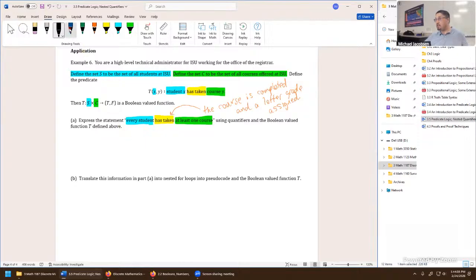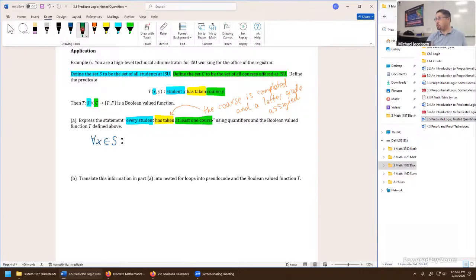So starting this off, when it says every student, that's the universal quantifier. We're saying for every possible student in the set S, compactly, it would be for all, I'll stick with X's and Y's on this one, X in the set S. We also have to say there exists a course that this student has taken.